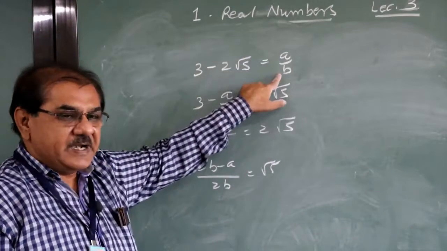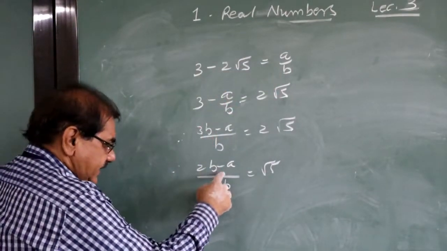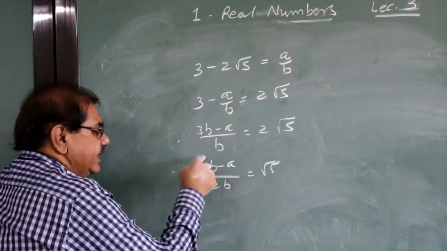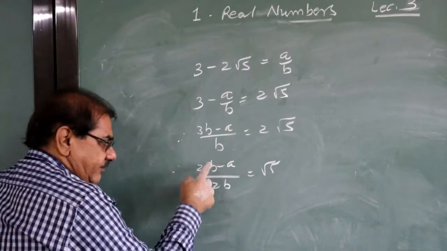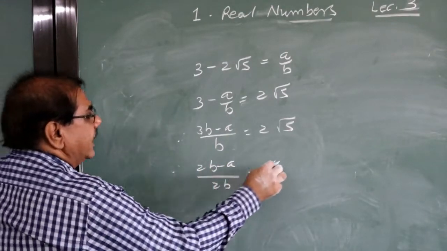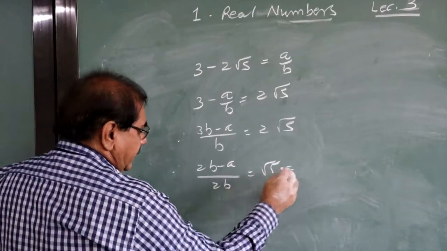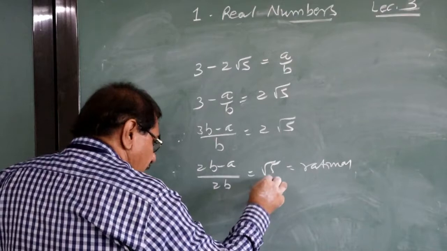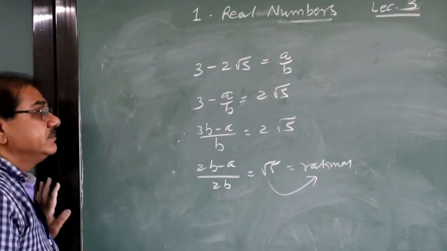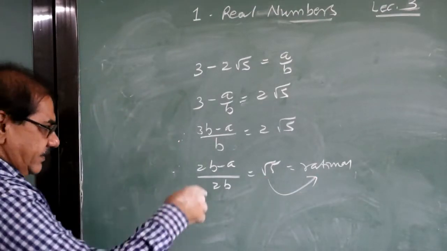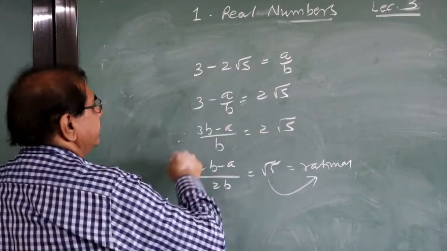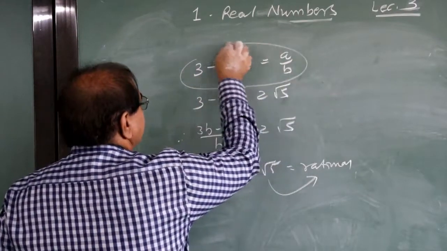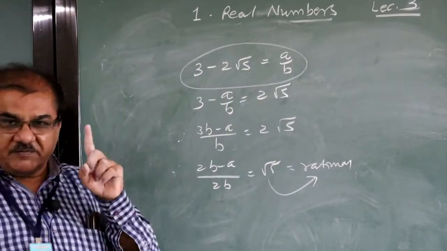As a and b are integers, (3b minus a) and 2b also will be integers, and they are forming a rational number. So ultimately I prove that root 5 is rational. But we know that root 5 is not a rational number. So where is the mistake? We proved the wrong statement because we assumed that this was a rational number, which was a fault.